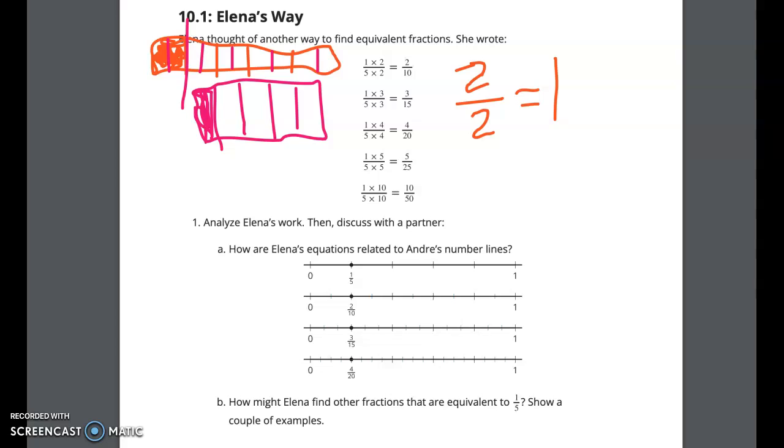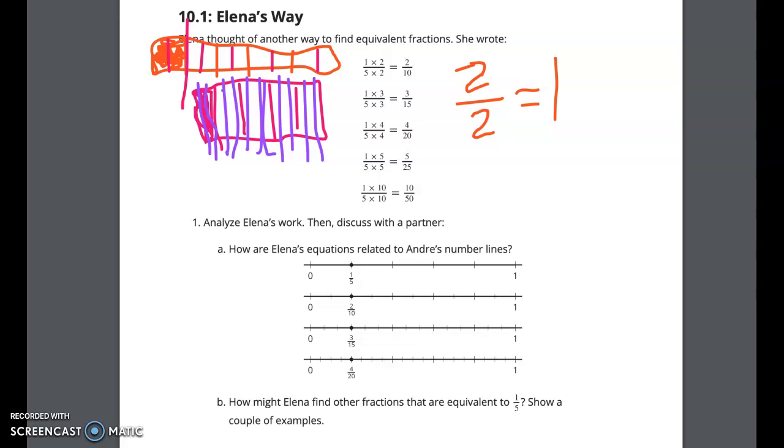So we're going to cut each one into 3 pieces. 1, 2, 3, 4, 6, 9. Now we have 1, 2, 3, 4, 5, 6, 7, 8, 9, 10, 11, 12, 13, 14, 15 pieces.